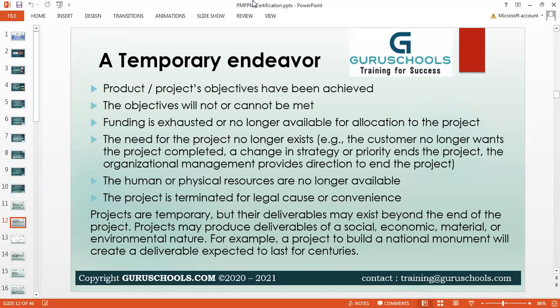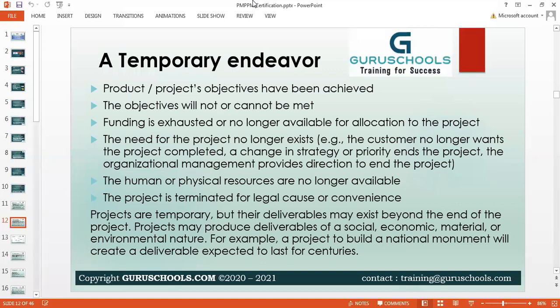I'm planting a tree, I'm planting hundreds of trees. I keep planting trees for years, that's my process. But if I plan to plant 10 trees today, that's my project. So there is a process, and a project is a step in between which I plan with a clear end in mind. A project to build a national monument will create a deliverable expected to last for centuries, right?